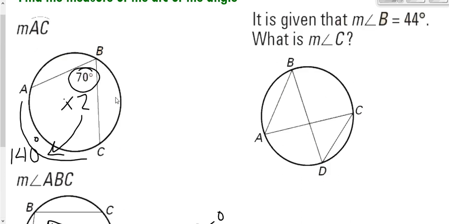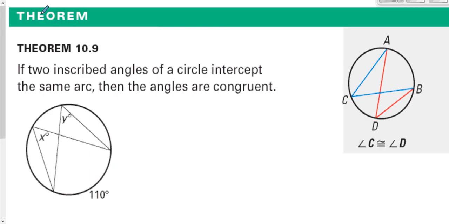So here are some examples of knowing the arc or knowing the inscribed angle and then working from there. The last thing that we want to talk about is what happens when two inscribed angles share the same arc. I have angle X out here in green and angle Y that I've highlighted in yellow, and they both happen to share the exact same arc.